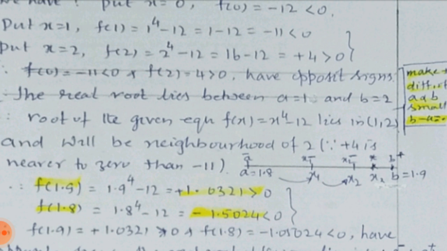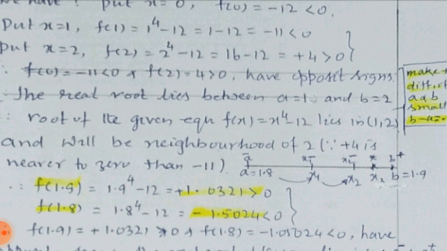And observe, in the regula falsi method, if the interval is larger, the difference of upper limit minus lower limit is larger. So to get the approximate real root, we have to work out more number of stages.